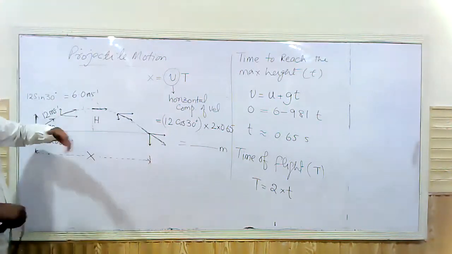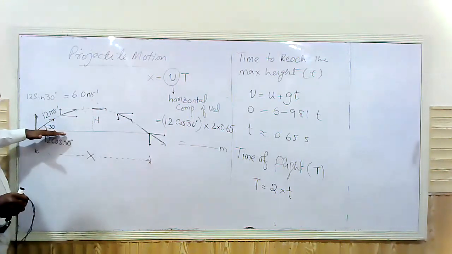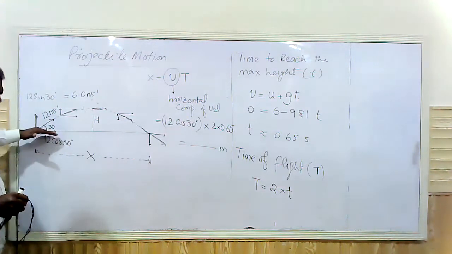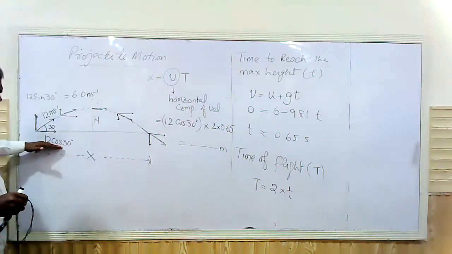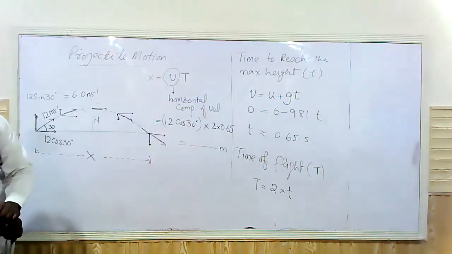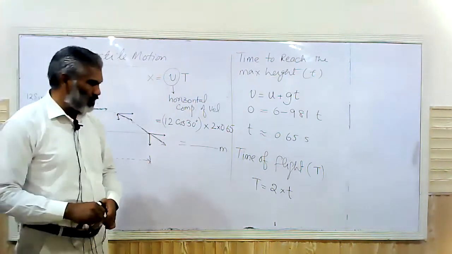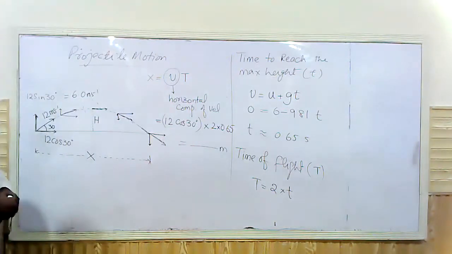And if we are ignoring the air resistance, this velocity has remained constant, this component I mean, and this component multiplied by the total time taken to reach here that we have already calculated. This gives us the range, the distance it covers along the horizontal.